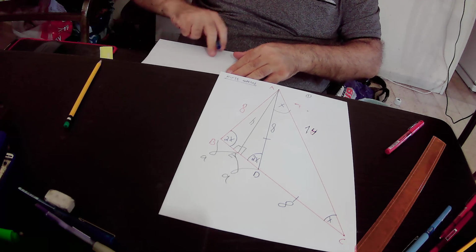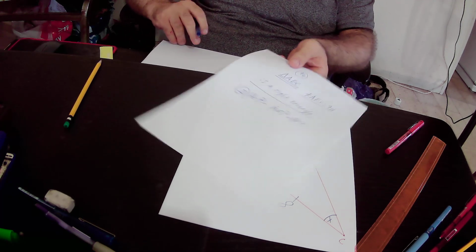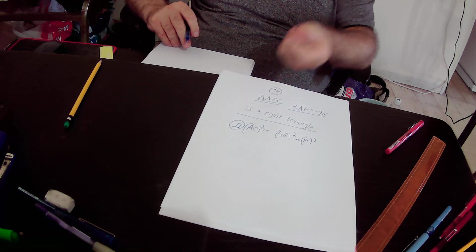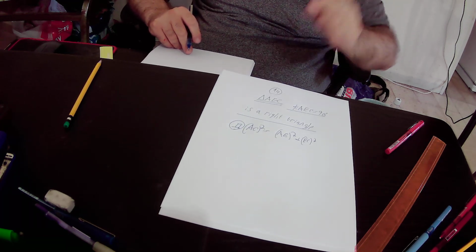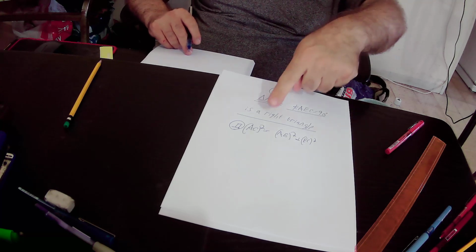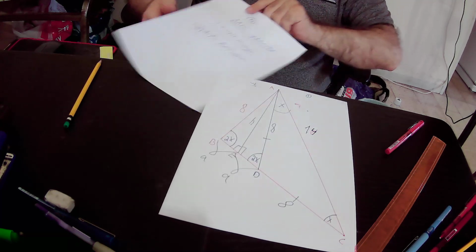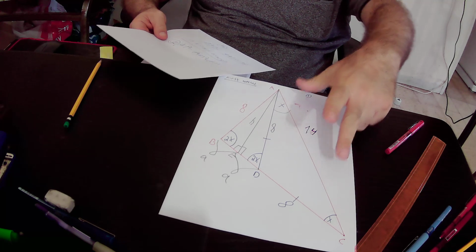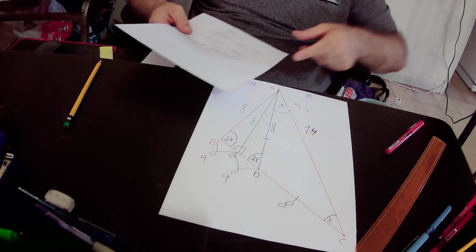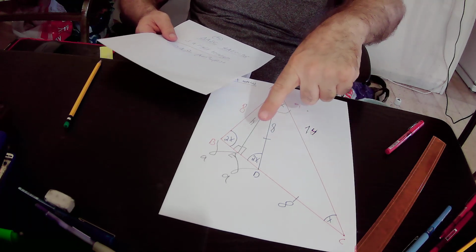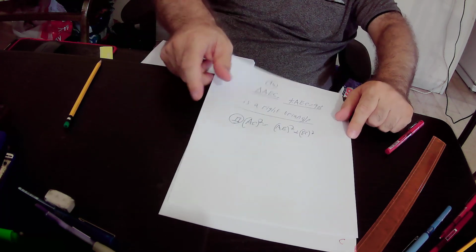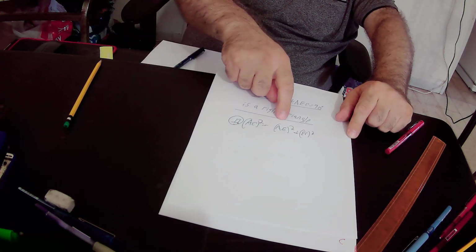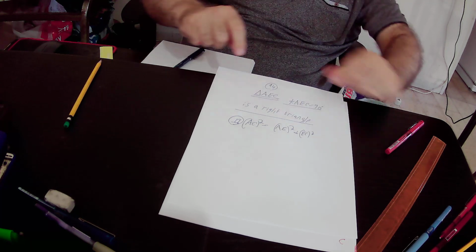So equation number 2 is the implementation of the Pythagorean theorem in the right triangle AEC.